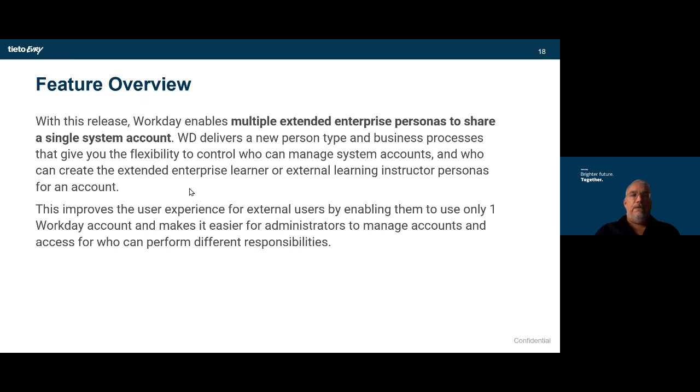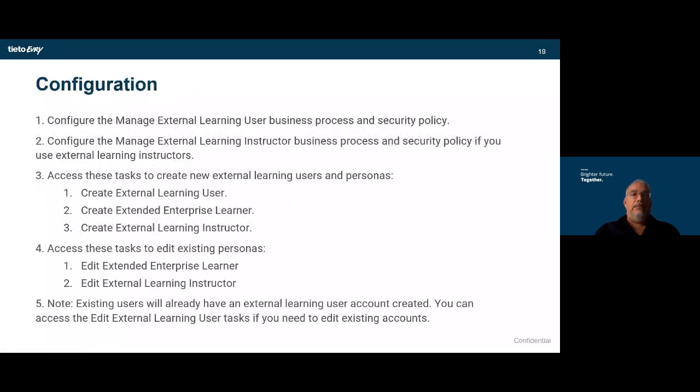And here, briefly, the configuration. You need to configure the new manage external learning user business process and security policy. The external learning user is the new user type. You also need to configure the manage external learning instructor business process and security policy if you are using external learning instructors.